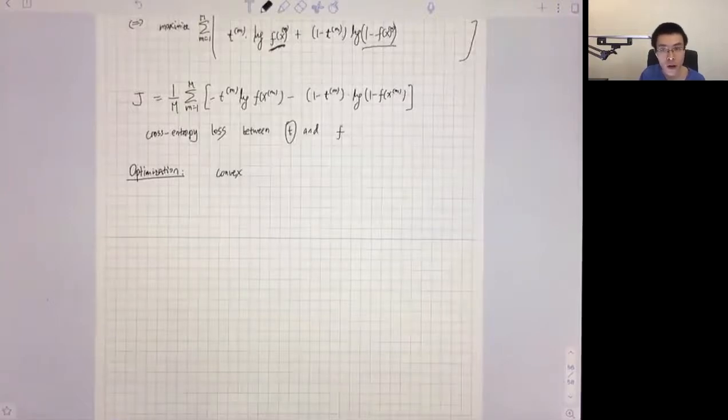And if it's convex, then you probably get a closed form solution, or you get the gradient-based solution. You need to compute the derivative. So I'm going to compute the derivative first, because even with a closed form solution, you compute the derivative and set it to 0. But it turns out that we don't have a closed form solution for the logistic regression problem. So it's usually optimized by the gradient-based approach. In both cases, we need to compute the derivative. So I'm going to compute it.